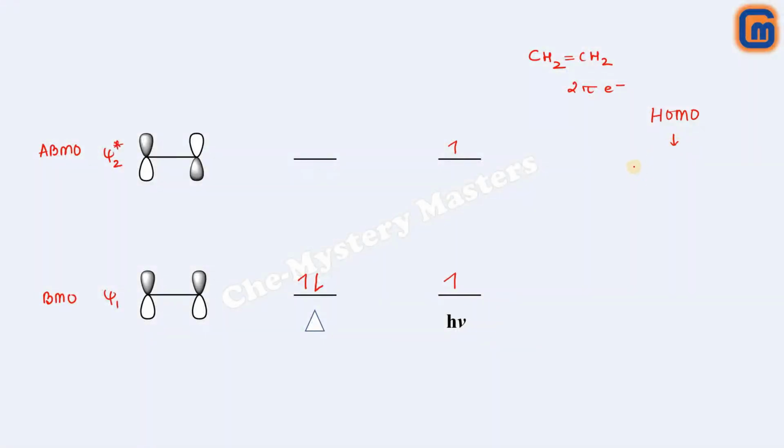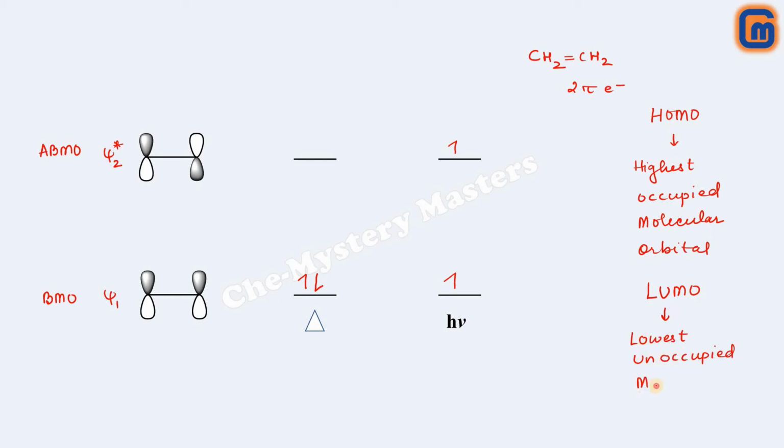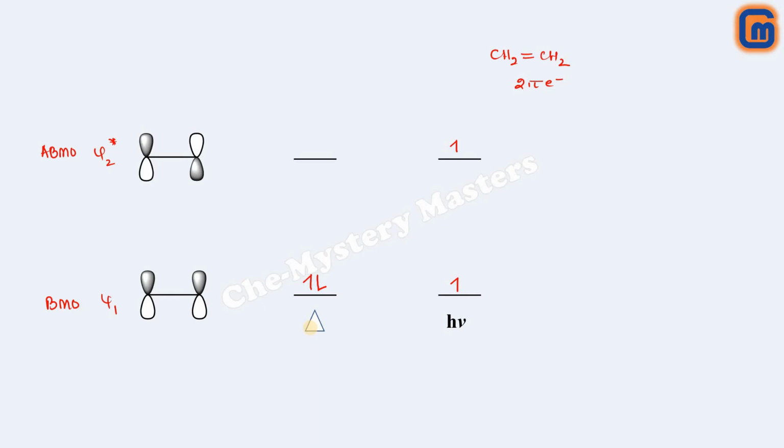HOMO is the highest occupied molecular orbital. The full form of HOMO is this. While the other one, LUMO, is the lowest unoccupied molecular orbital. These two concepts are very important in the case of pericyclic reactions.